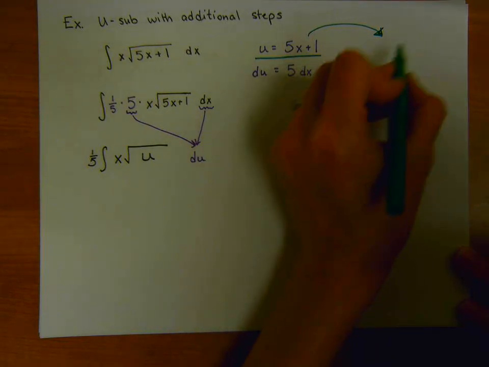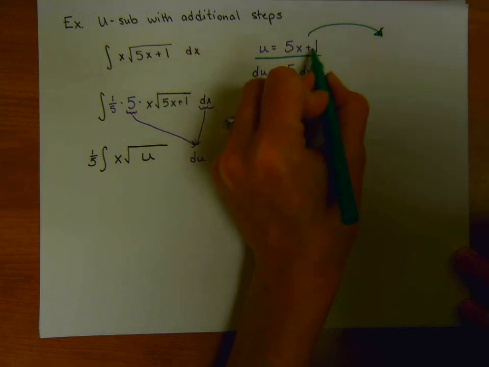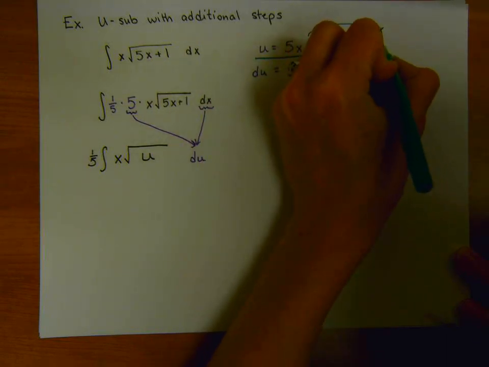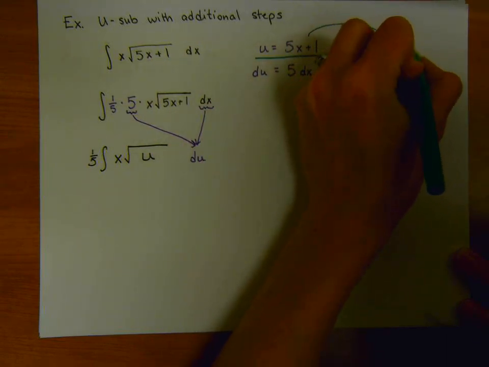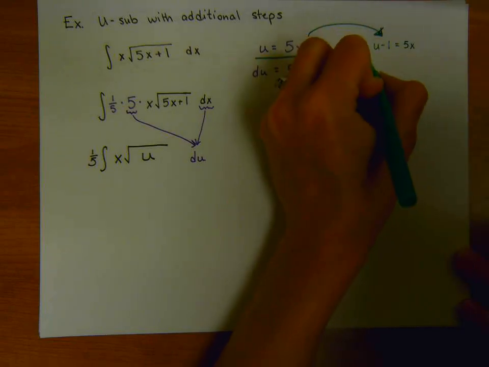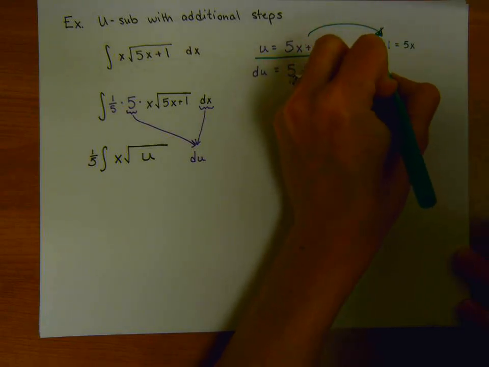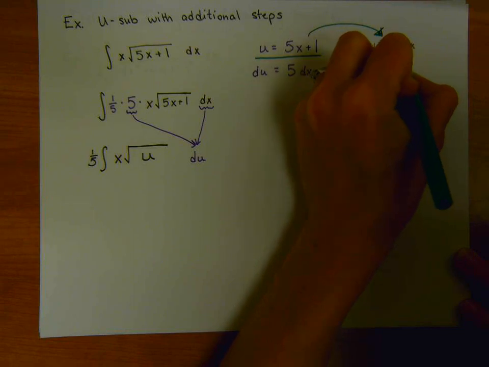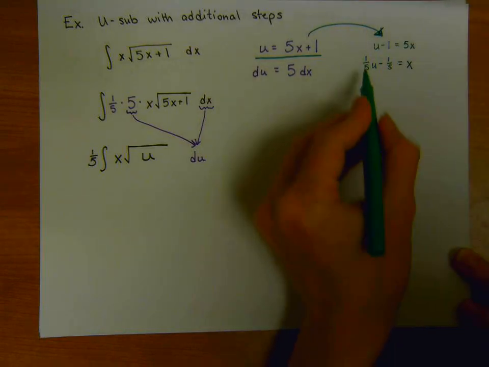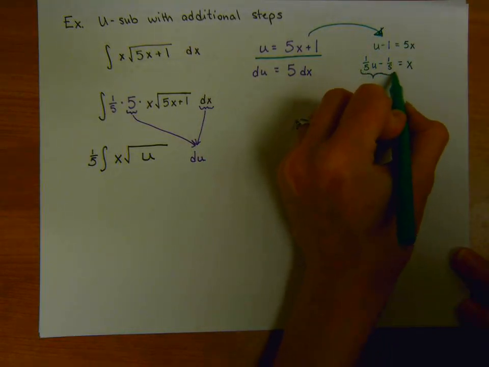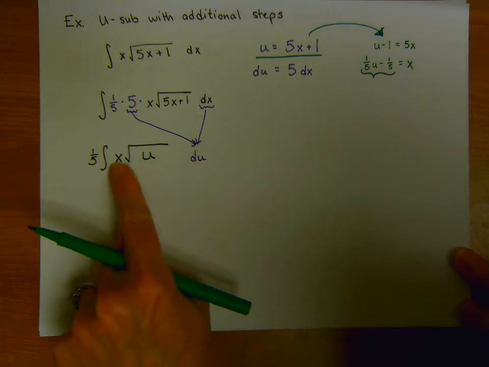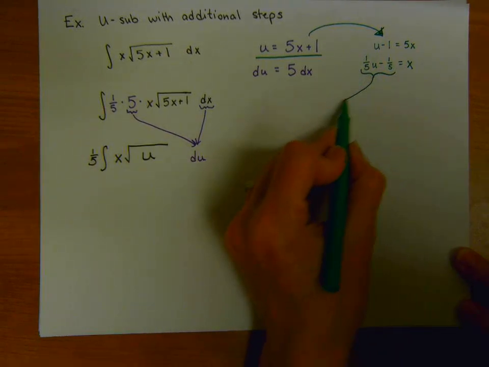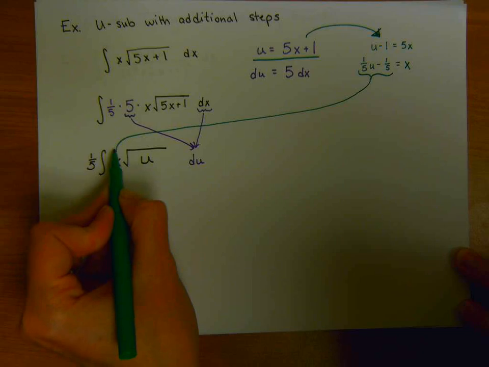Namely, I can say, aha, if u equals 5x plus 1, that means u minus 1 equals 5x, and it means that 1/5 u minus 1/5 is equal to x. And I can use this substitution back in for x. This arrow might make it confusing.